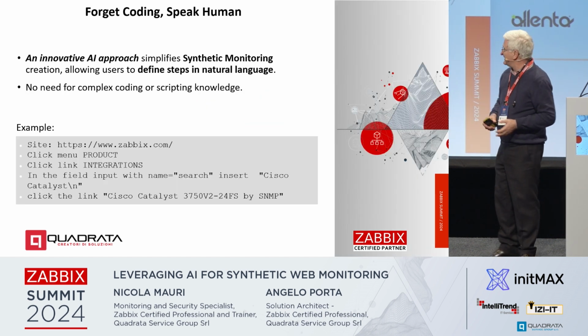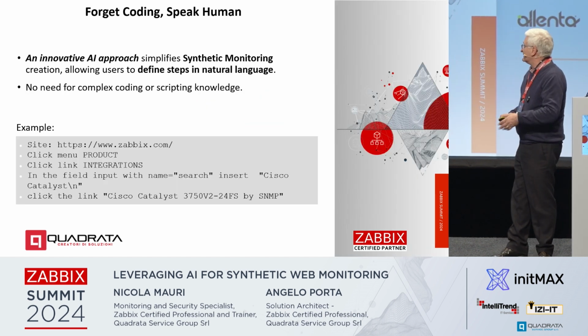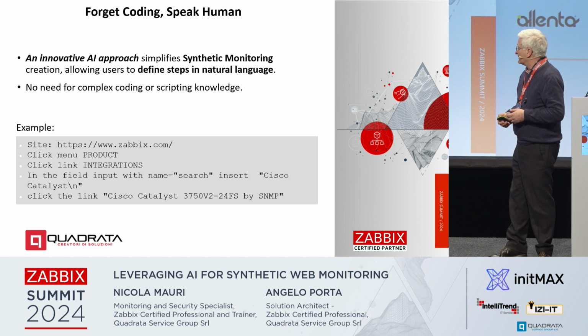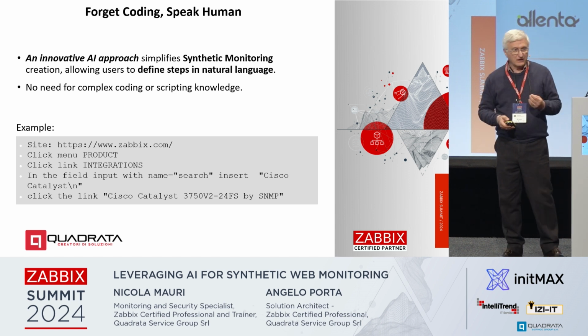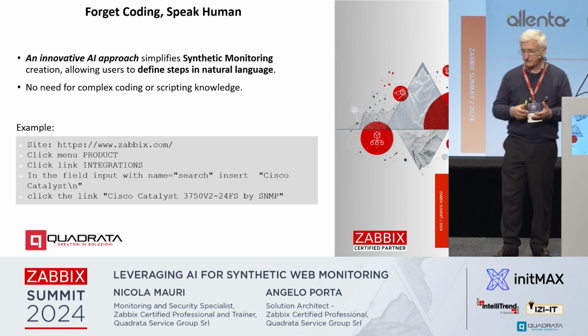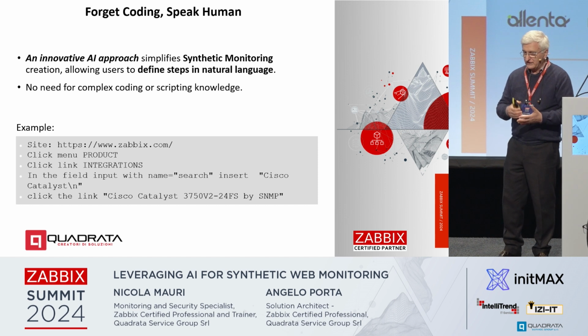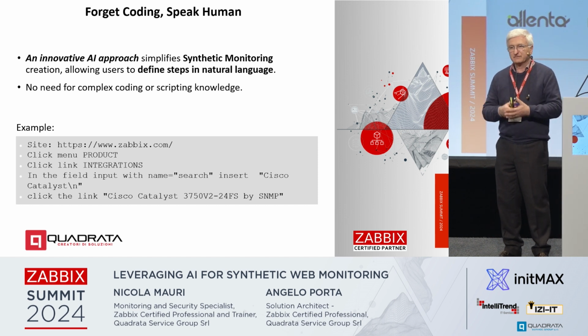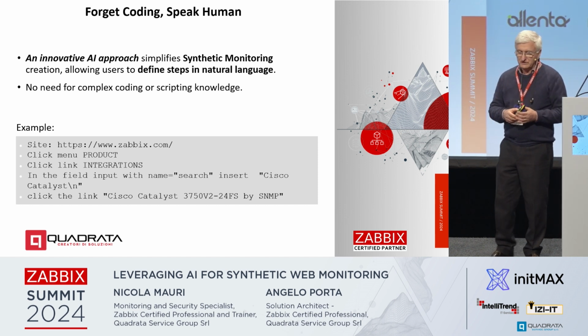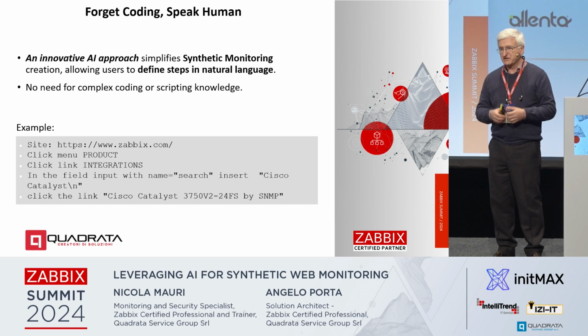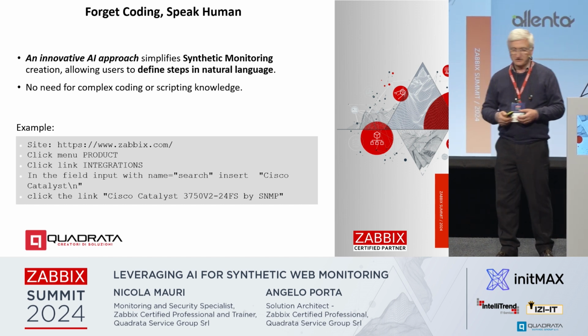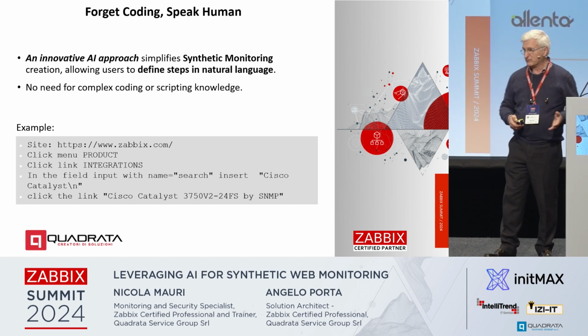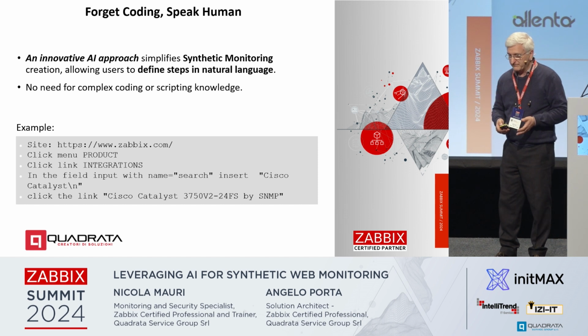What is our dream? Our dream is to describe in natural language what we need to do, and find a way to generate the JavaScript code. This is not just a dream, this is possible using artificial intelligence.